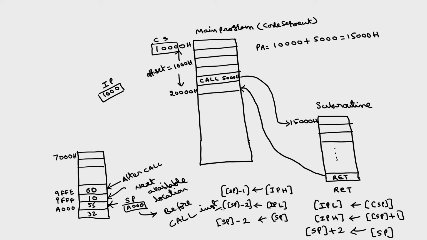So, this is about the call instruction and return instruction. They also come under the branch instructions. We have discussed the various branch instructions like unconditional jump and conditional jump instructions. We have 17 conditional jump instructions, and then we have the call instruction to call the subroutine.